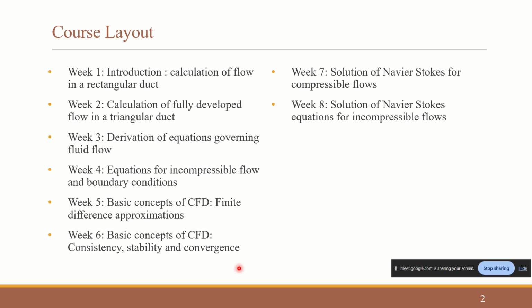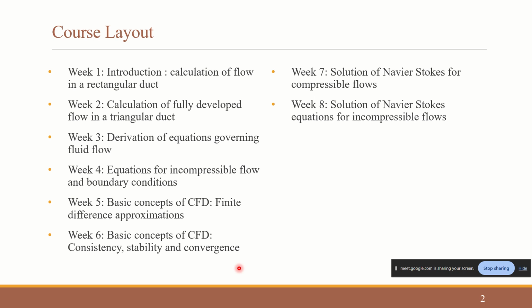And when we talk about weeks 7 and 8, it is about solution of Navier-Stokes equations using various approaches. In week 7, it was about compressible flows, wherein we use approaches like the McCormack scheme, the Beam-Warming scheme, etc. Because the flow was compressible, we were able to solve the equations as such. And when we talk about incompressible flows, the density was constant, it wasn't varying, so in the continuity equation it vanishes.